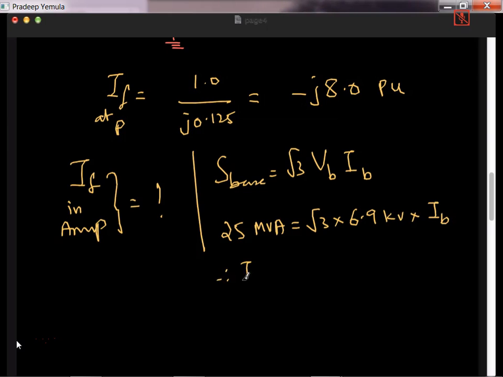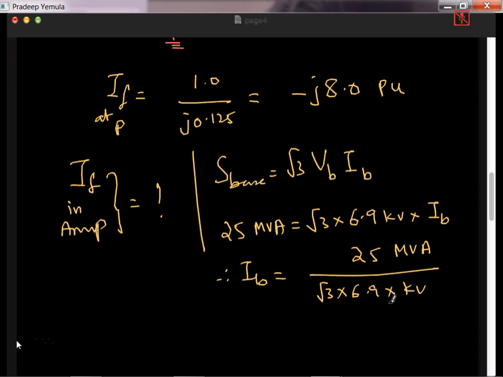So therefore I base will be 25 MVA divided by root 3 into 6.9 kilovolts. So volts will cancel, kilo will go to the mega and give me kilo amperes. So that is 25 by root 3 into 6.9.